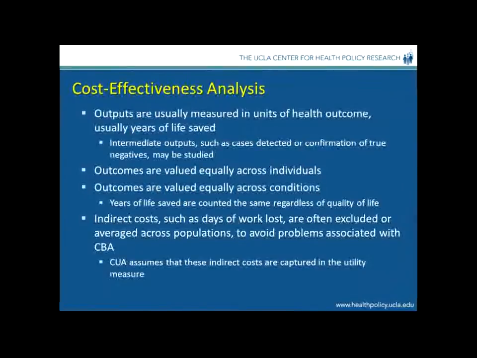It may not affect children. It may not affect seniors who are retired. It may not affect younger people who are not in the workforce. But those can be averaged across rather than focusing just specifically on the workforce.